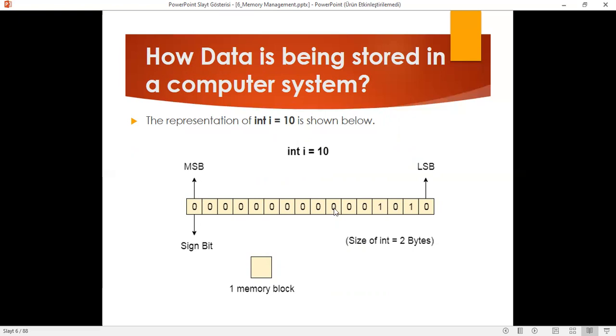But in today's computers, it arranges 32 bits of space, which is 4 bytes. So it writes 10 by using 1010, and the rest remains as 0.